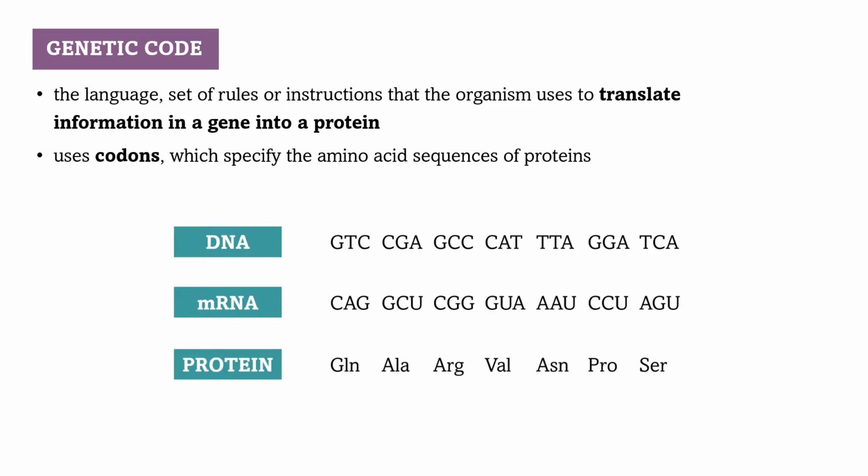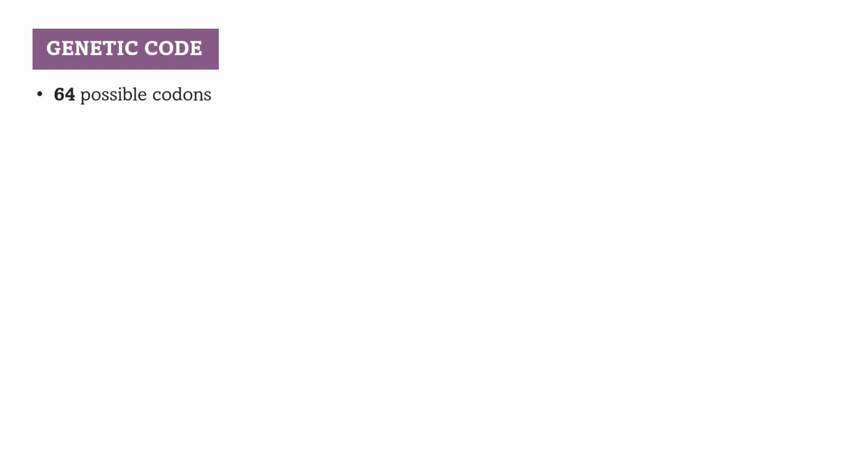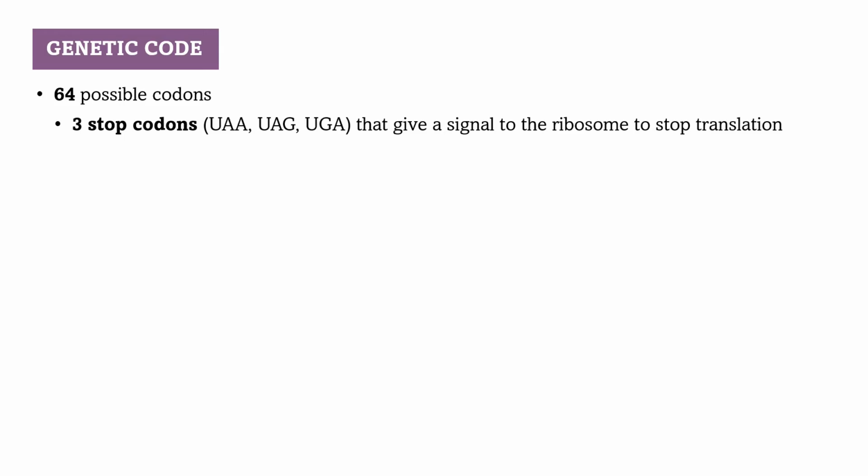This set of rules by which we transcribe and translate the information in a gene is the genetic code. Now, each nucleotide can have one of 4 possible bases: adenine, guanine, cytosine, and uracil, or thymine in DNA. For that reason, there are 4 times 4 times 4 codons. That means 64 possible codons. 3 of these are stop codons that give a signal to the ribosome to stop translation.